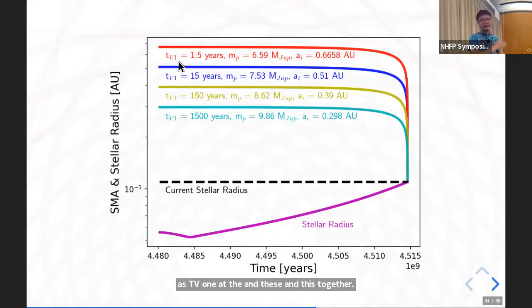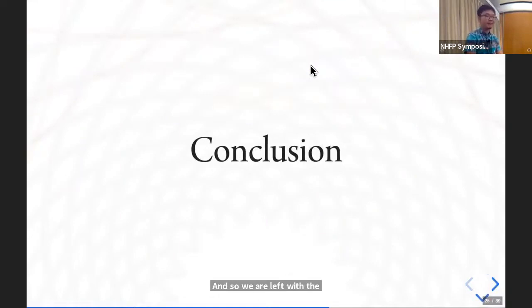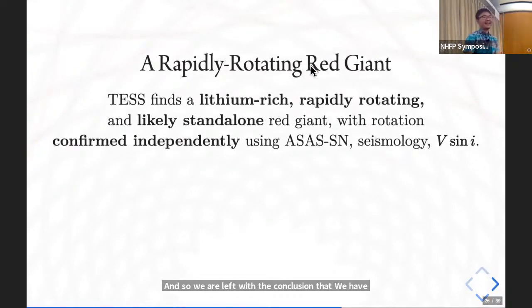But if we were to effectively marginalize over 4 orders of magnitude of possible values of T_V1, it turns out that the estimates of a companion mass and its initial orbital separation don't actually change all that much.